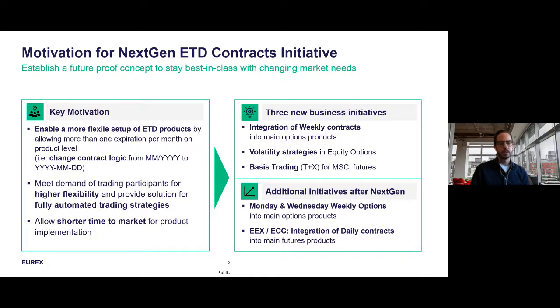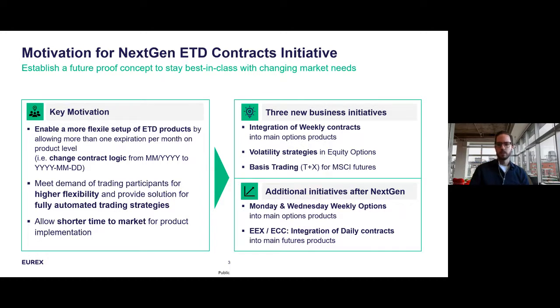Concretely, in a first step, we will introduce 3 business initiatives that are based on the new logic, as you can see here on the right, which we will go into detail in a second. But it's also important to mention that this is only the beginning. We're not doing the whole implementation only for those 3 initiatives. That's the first step.